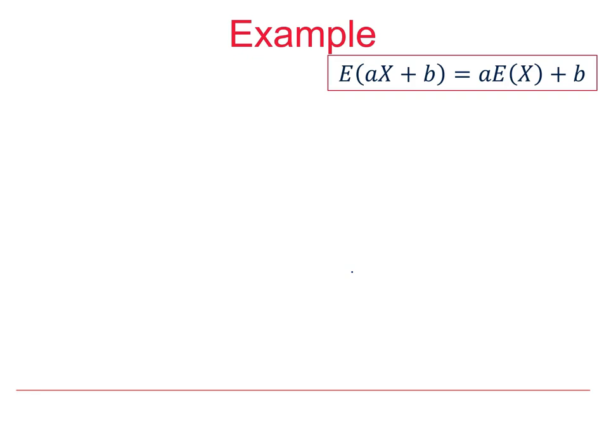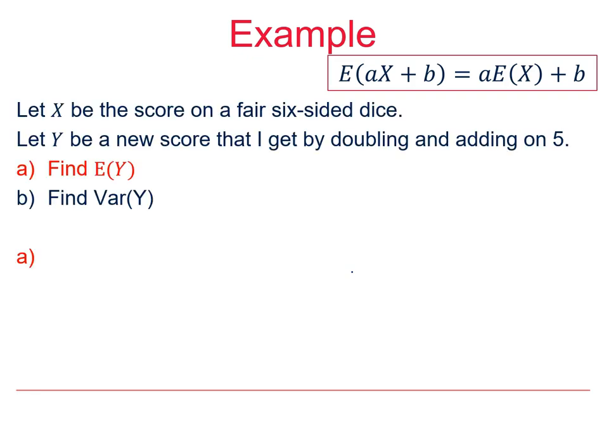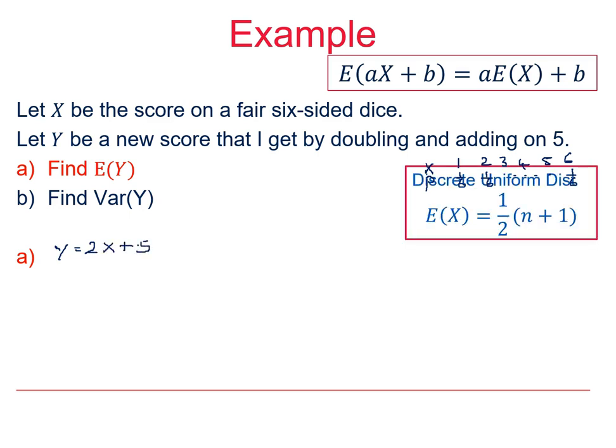If we look at an example now, first of all focusing on expectation. X is the score on a fair six-sided die, so x will have the outcomes 1, 2, 3, 4, 5 and 6, and the probability of getting each outcome will be 1/6. And we are looking at y, where y is x doubled with 5 added onto it.